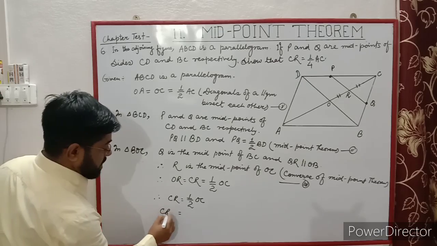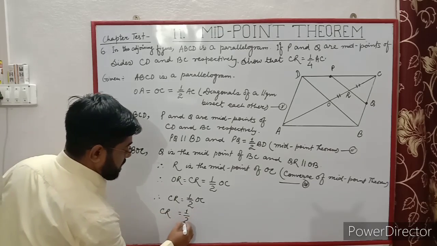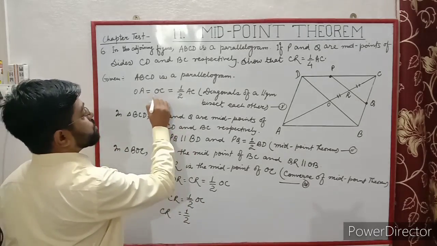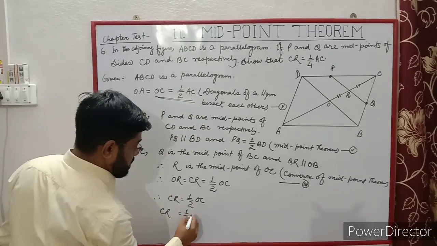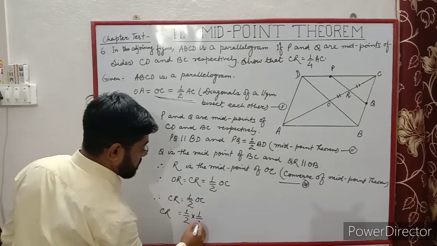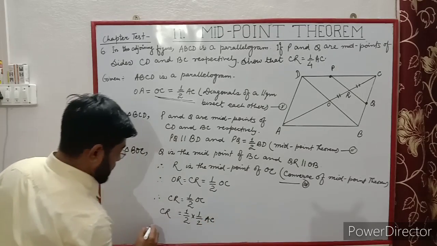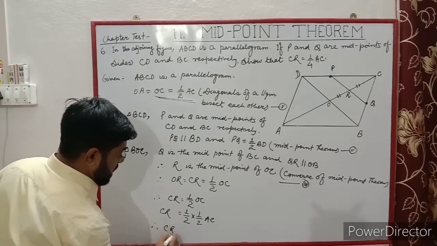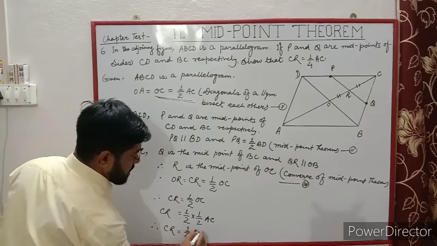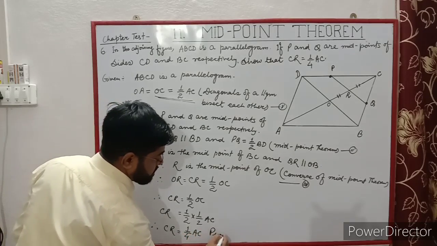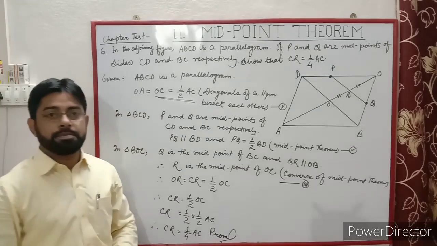So CR is equal to 1 by 2 the value of OC, which is given in equation first as half of AC. So OC is replaced by half of AC. Therefore CR is equal to 1 by 4th of AC. Proved. Thank you.